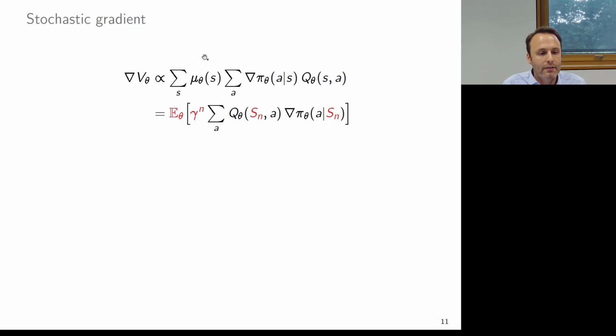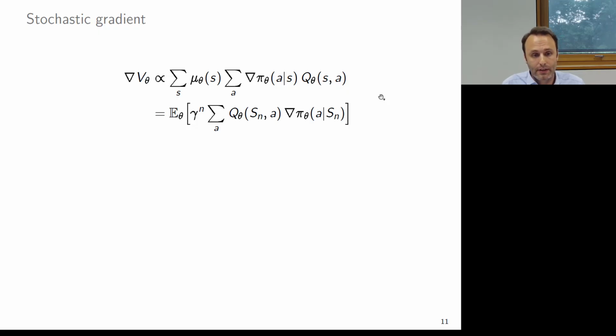So we can just put here the state S, the current state that we are in, and then use the expectation instead of this sum. So we get this expression here.